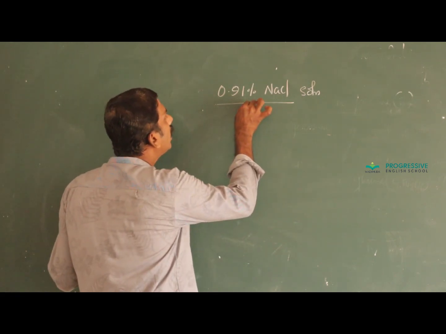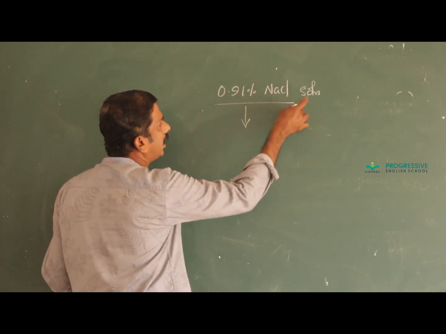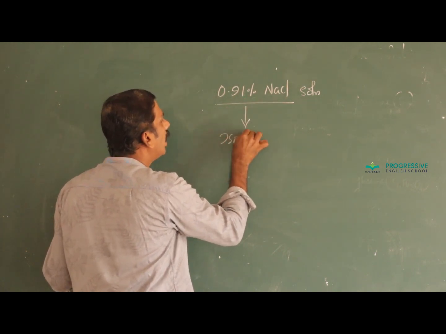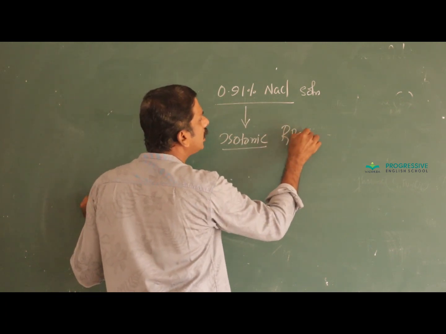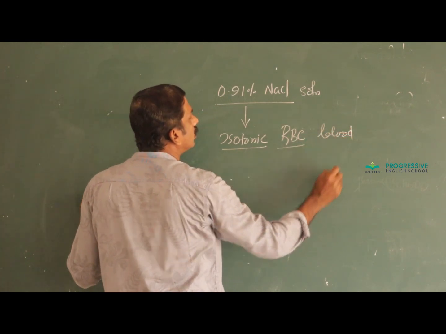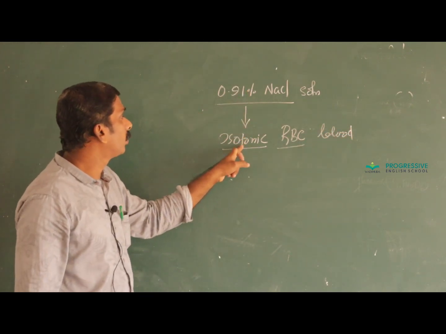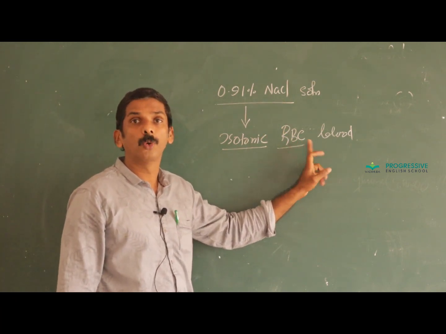Because 0.91% saline sodium chloride is isotonic with the RBC of human blood. It has the same osmotic pressure as that of the red blood corpuscles of human blood.